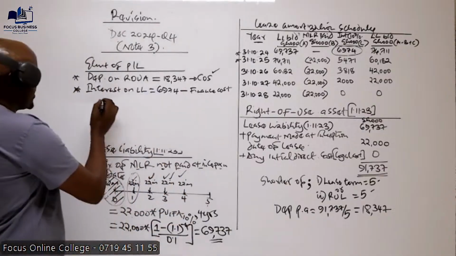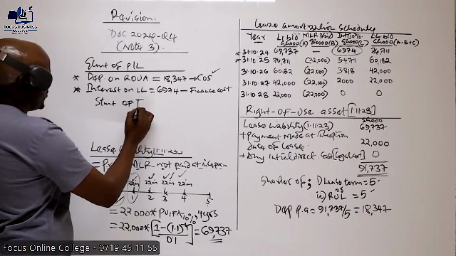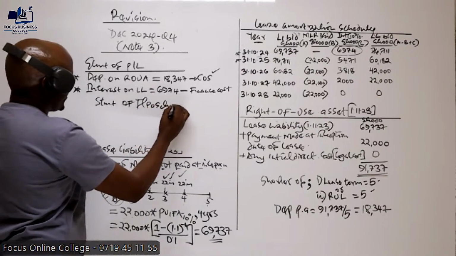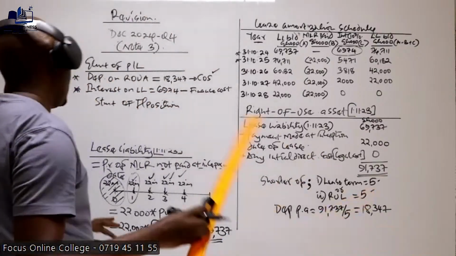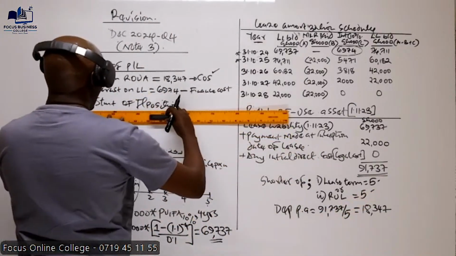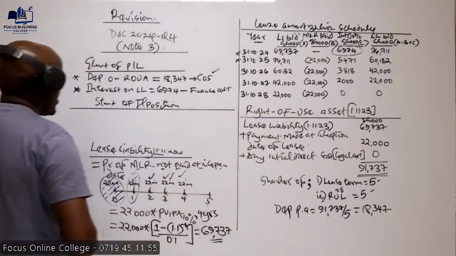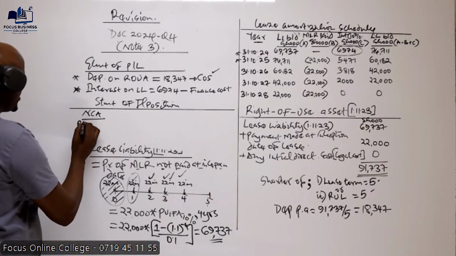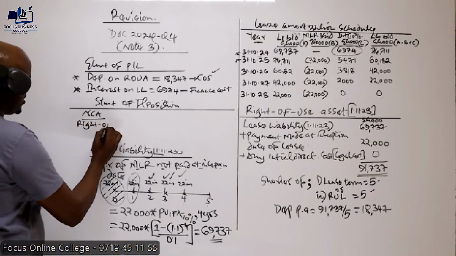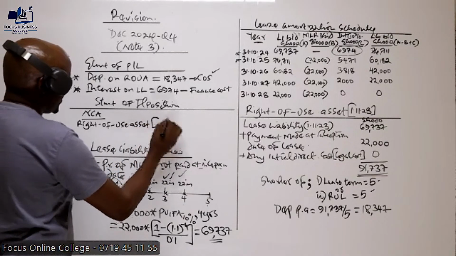So I want us to do a summary here of what was supposed to be recognized in the statement of financial position as far as that particular lease is concerned. Number 1, under the non-current assets, our company was supposed to recognize the right of use asset at the net book value.